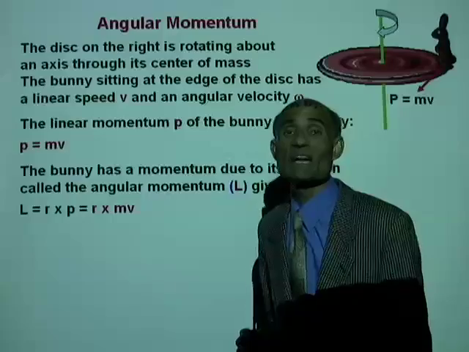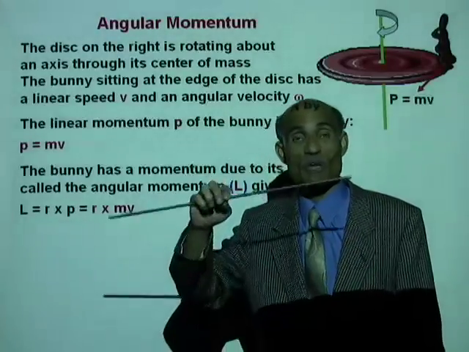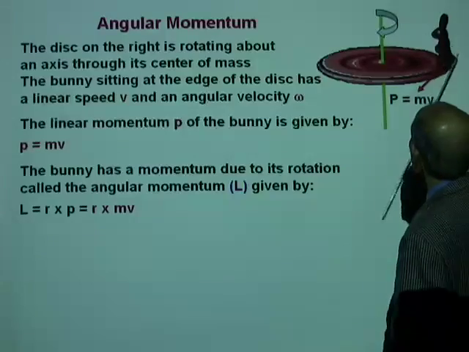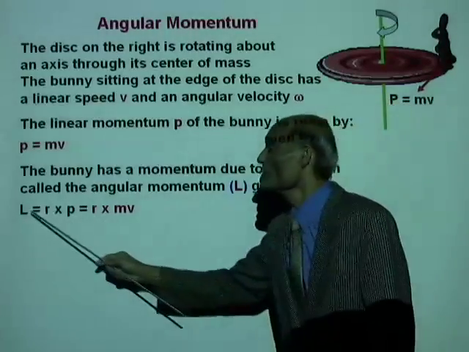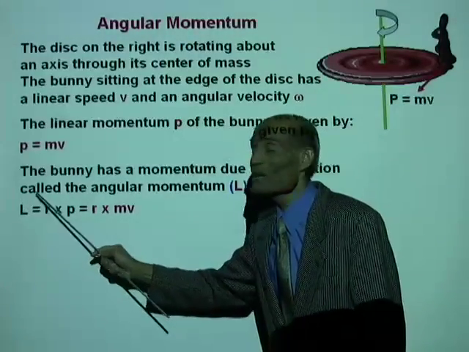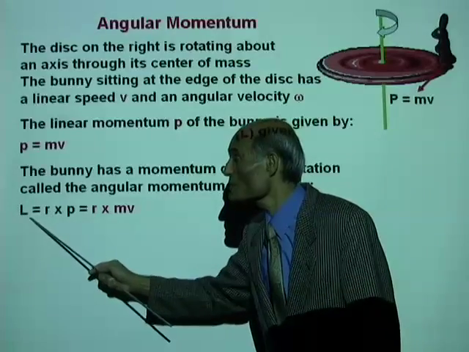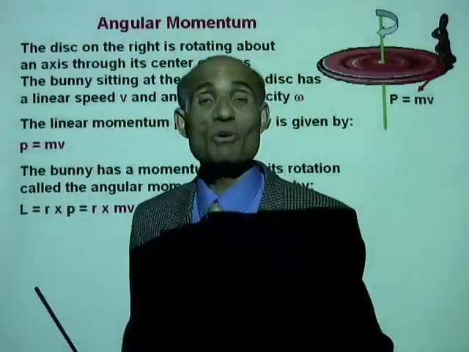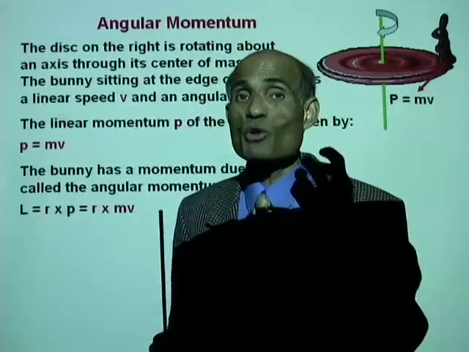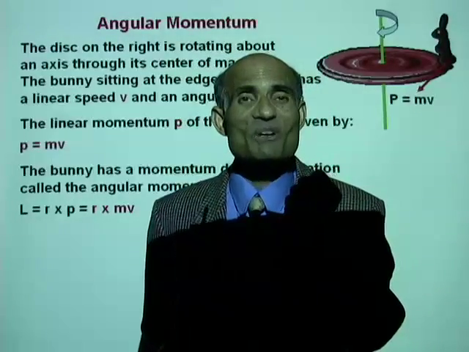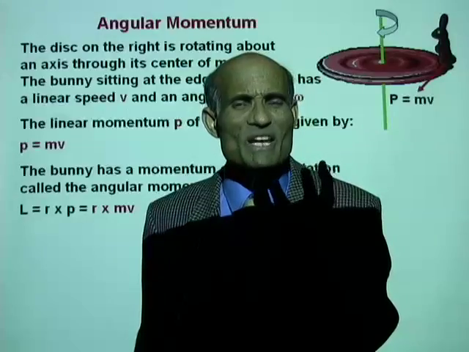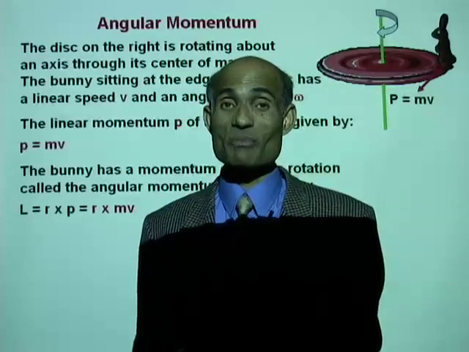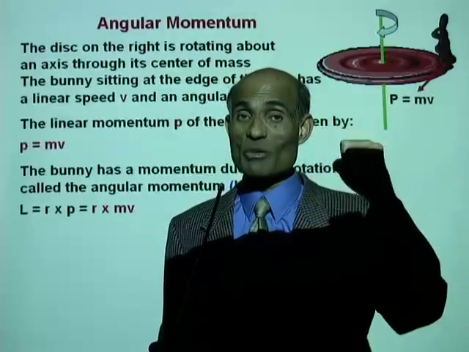But we will consider cases where the angle between r and p is 90 degrees. So the angular momentum, look at the representation of the angular momentum, it is L. Well, I told you some time ago that all the quantities in rotational motion are represented by Greek letters. So far we represented everything by Greek letters.